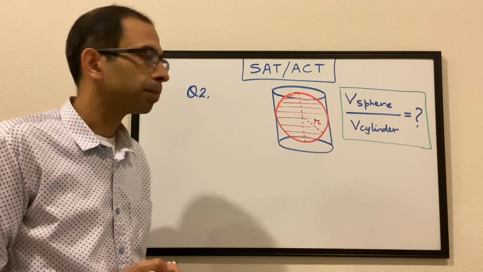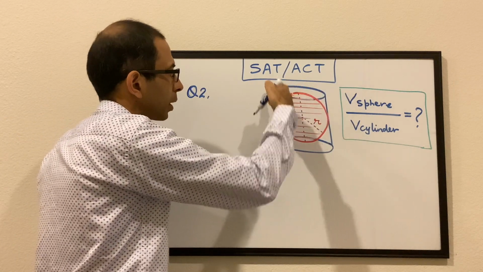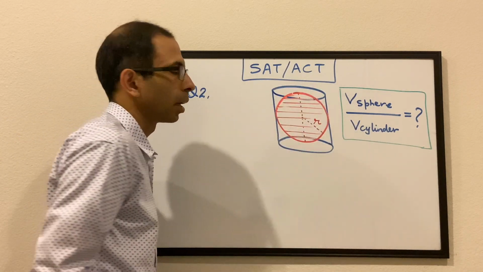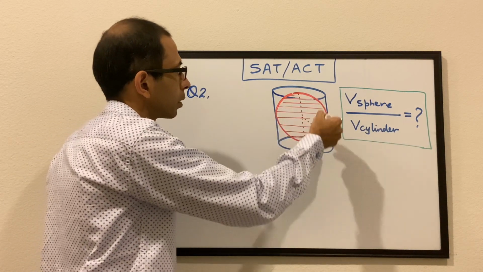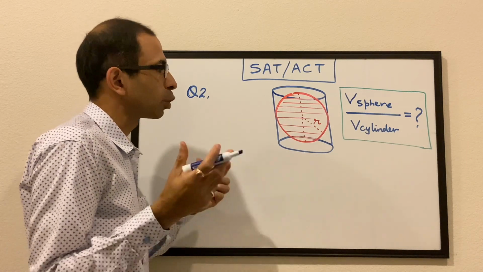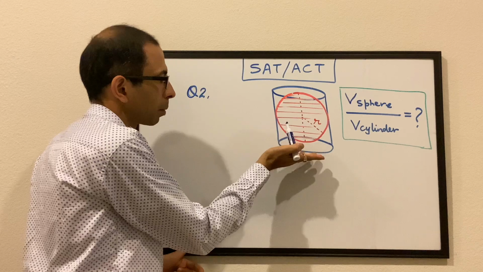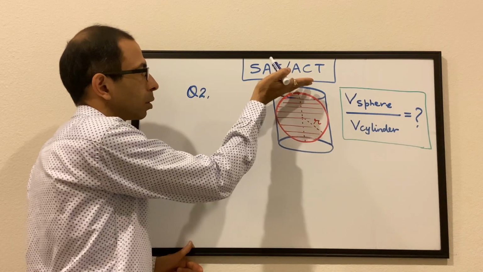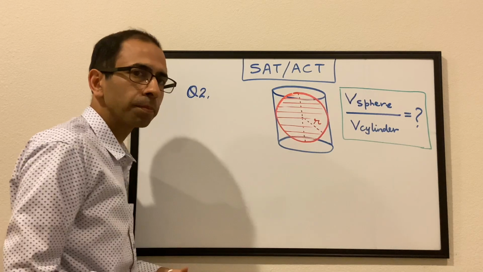Question number 2. So we have a right circular cylinder given by this blue figure, and we have a sphere shown by this red object here, and the sphere exactly fits into the right circular cylinder. So from the base of the cylinder through till the top of the cylinder and on the sideways as well, right?